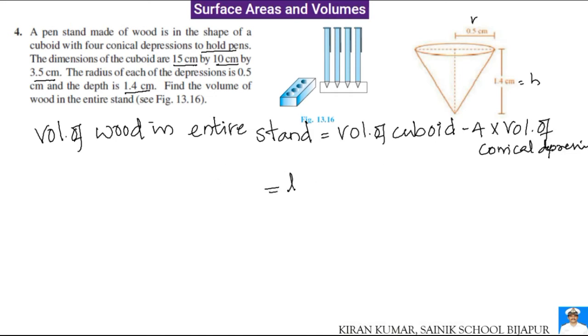Volume of the cuboid is LBH minus 4 times the volume of cone, which is pi r square h. 4 by 3 pi r square h it becomes, right?